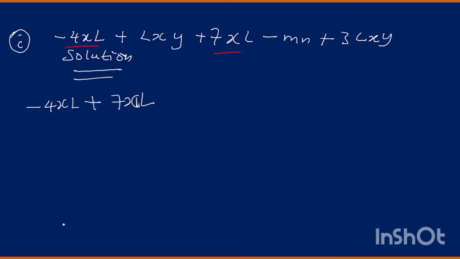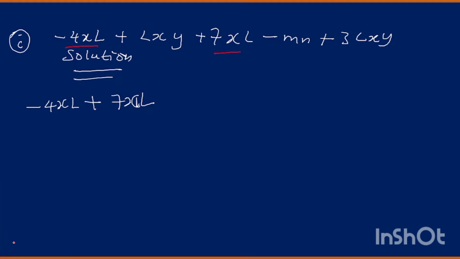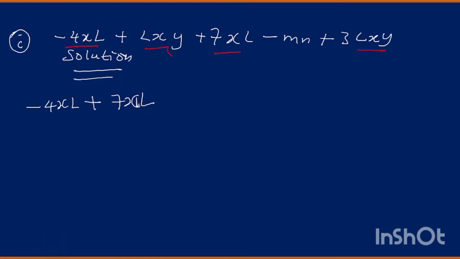We check again which other term looks alike. We see that we have lxy. Which other term has lxy? This is lxy. So we add those two together. So we are going to have plus lxy plus 3lxy.